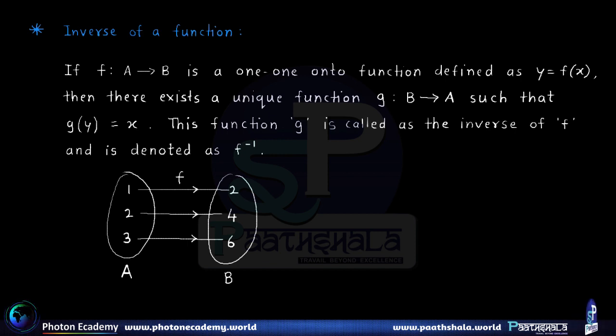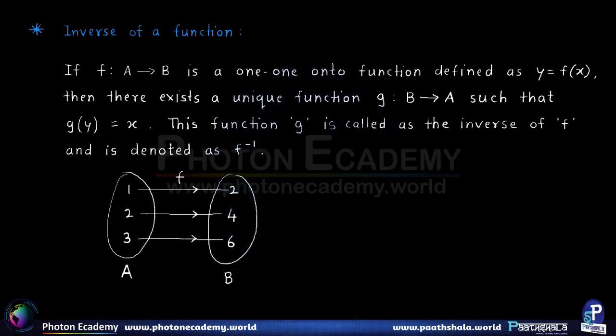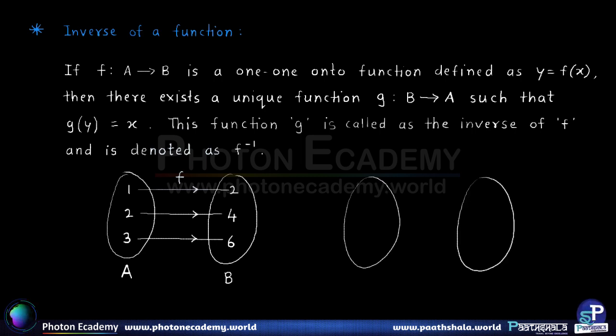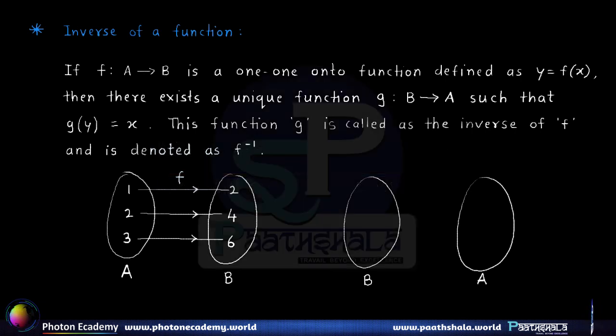So if f is one-one onto, defined as y equal to f of x, then there exists a unique function g from B to A. So now we have to switch the two sets. That is, now B becomes our first set, A becomes the second set. So here 2, 4 and 6 are the elements of the first set and 1, 2, 3 are the elements of the second set. Now g is a function such that g of y is equal to x.